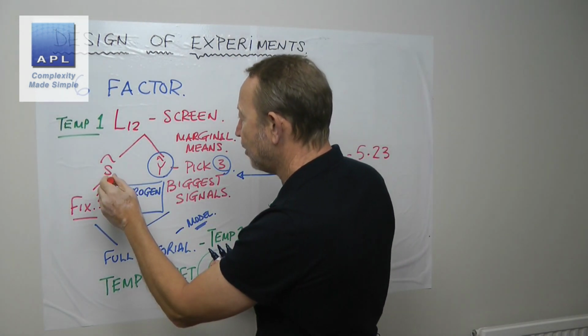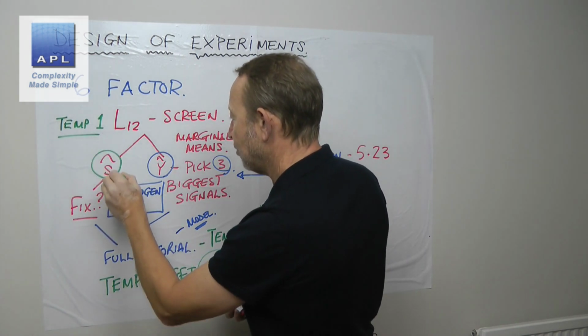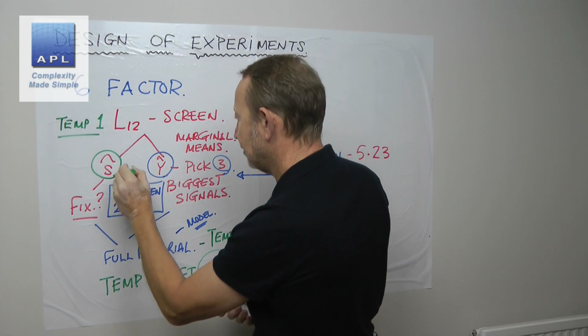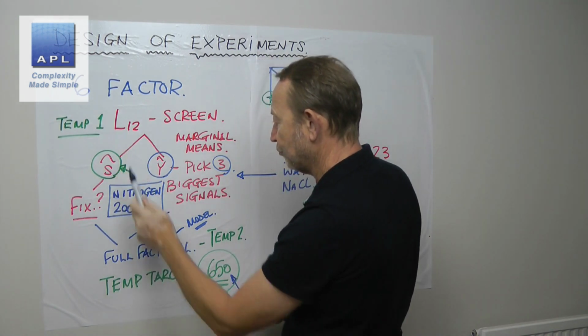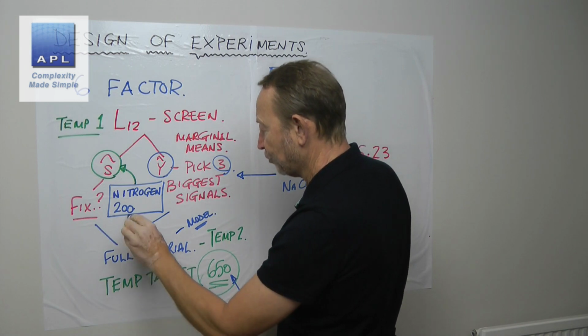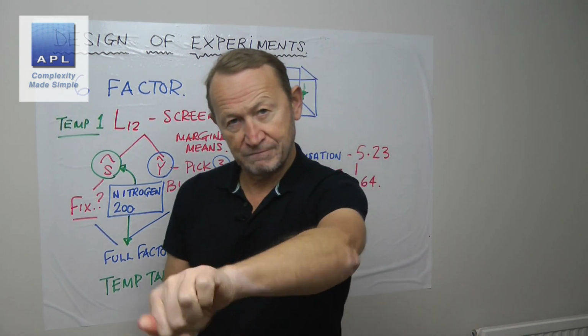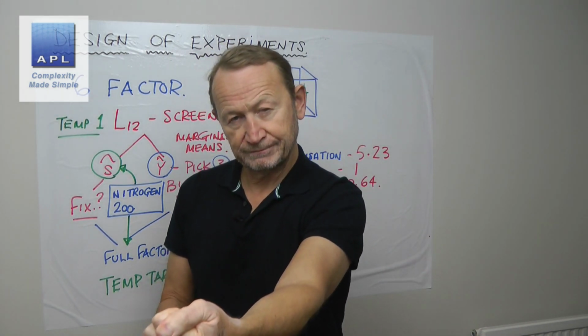The knowledge that I gained here, let's put a different color on the board. The knowledge that I gained here for S, nitrogen to 200, before I ran the full factorial, I dialed that into the system.